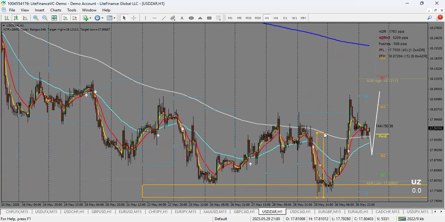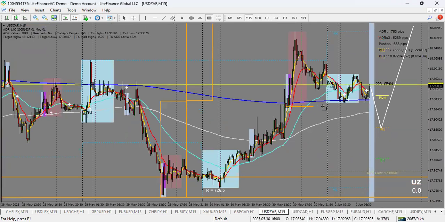Let me draw the ADR boxes here to determine where our target is. Okay, so we should expect USD ZAR to retrace to the pivot there. And if you go to the 15 minutes, it's just below the New York low.